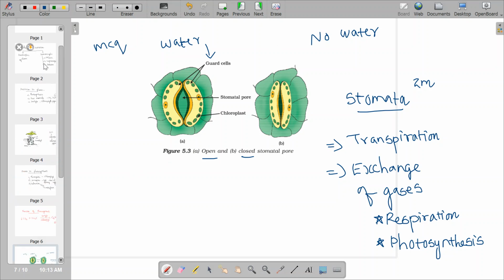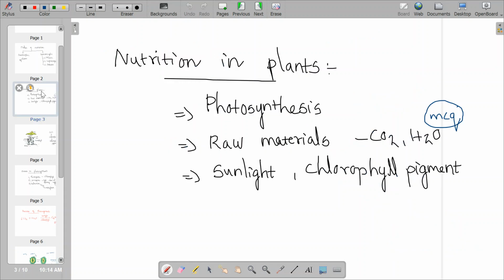I will just give a recap of it. In nutrition in plants, the process behind the preparation of food by plants is photosynthesis. The raw materials required are carbon dioxide and water, in addition to sunlight and chlorophyll pigment.